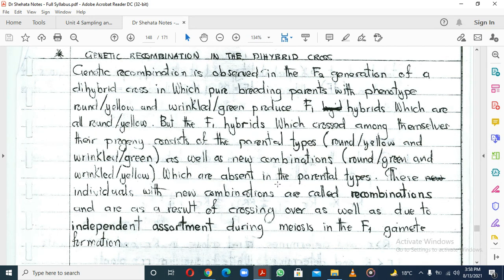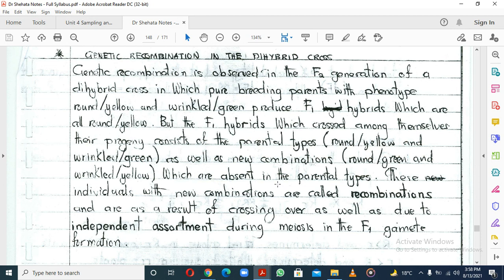So we start with our parent plants or pure breeding plants, which are homozygous dominant for both, and homozygous recessive for both genes, right?